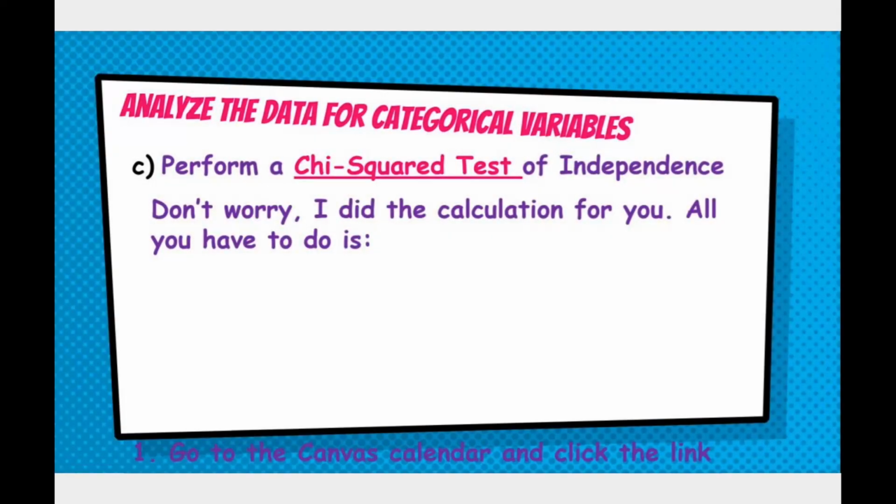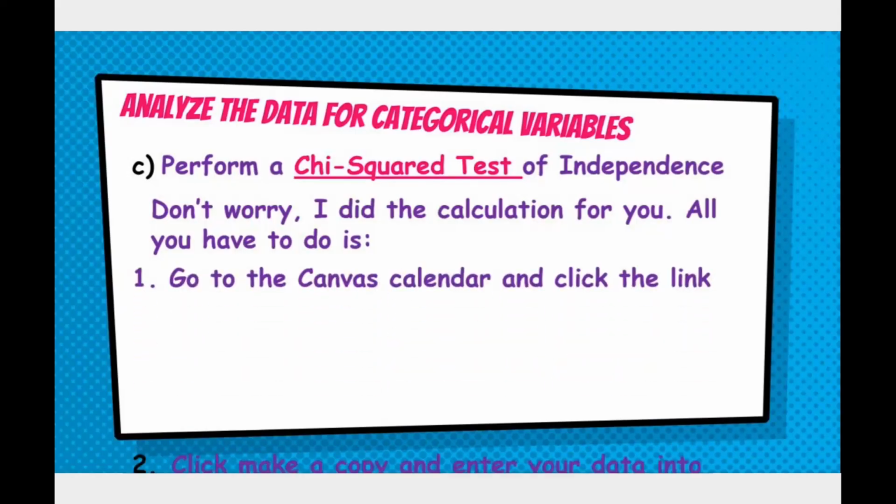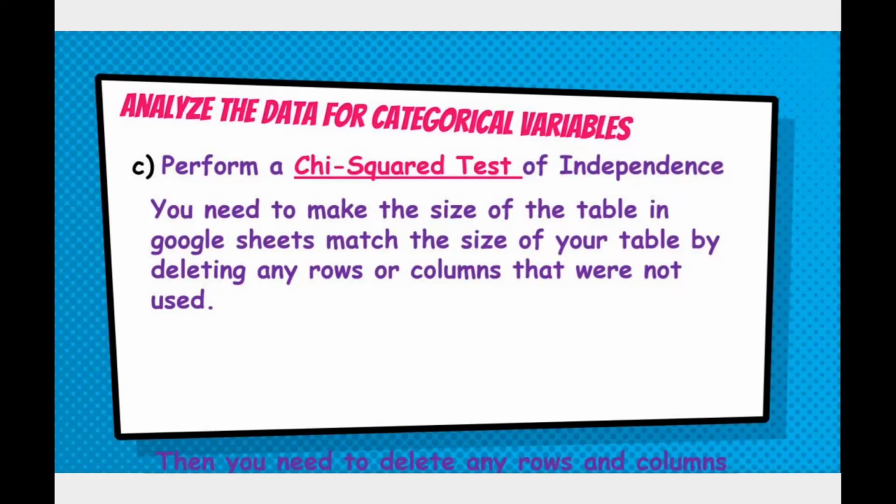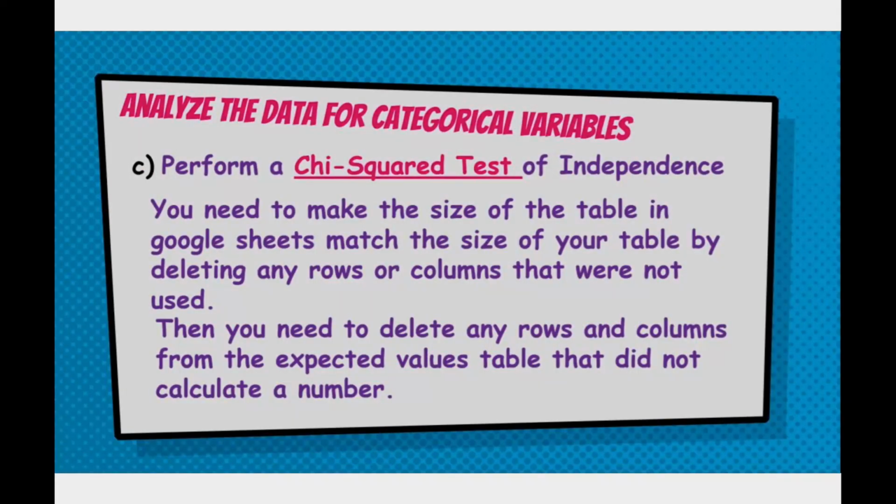And don't worry, I did the calculations for you. All you have to do is this. We're going to go to the Canvas calendar and click the link for chi-square test. We're going to click and make a copy and enter the data into the first table. You need to make sure the size of the table in the Google Sheets matches the size of your table by deleting any rows and columns that were not used.